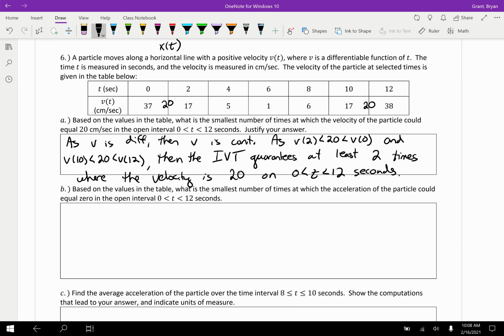Yeah, the more we practice this, the more comfortable we're going to be with conclusions. Why are you allowed to use the IVT? What had to happen to use the IVT in the problem? And then a quick conclusion.